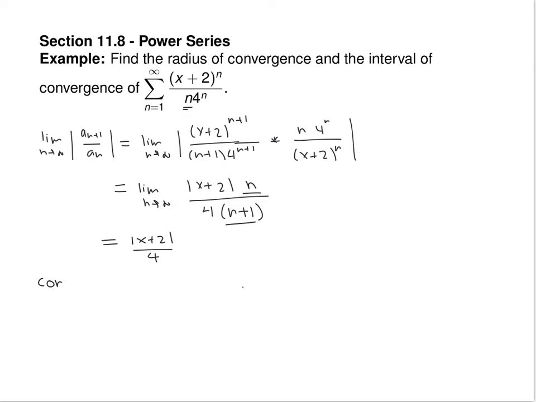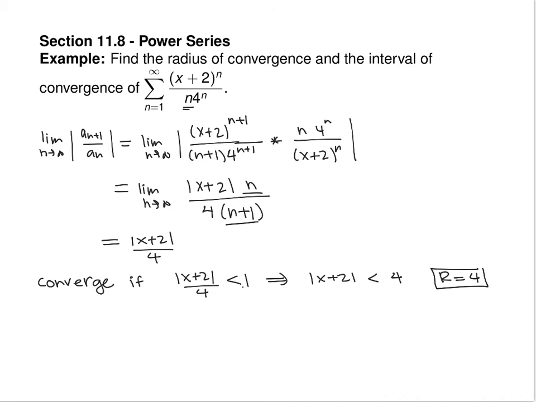And by the ratio test, this will converge if the absolute value of x+2 over 4 is less than 1, which implies the absolute value of x+2 is less than 4. And our radius of convergence is 4.